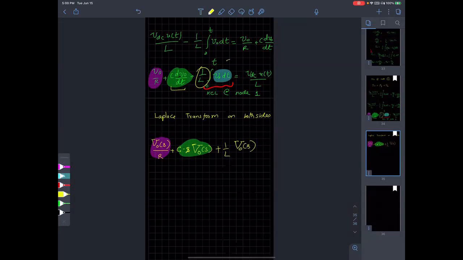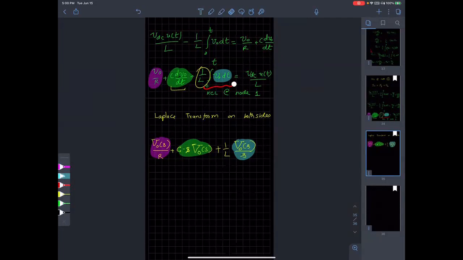So the Laplace transform of V naught is V of S, divided by S. That gives the Laplace transform of the blue highlighted function.